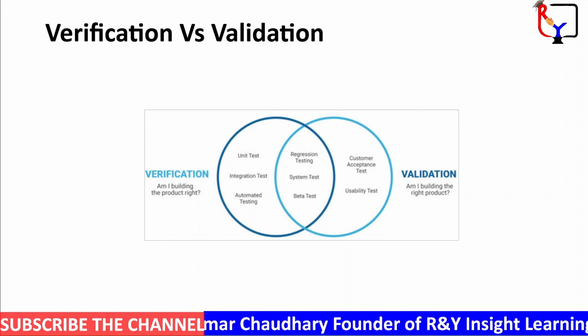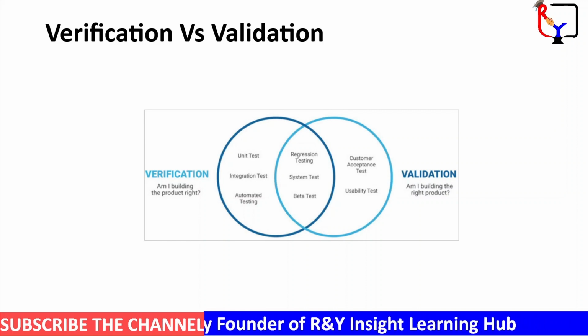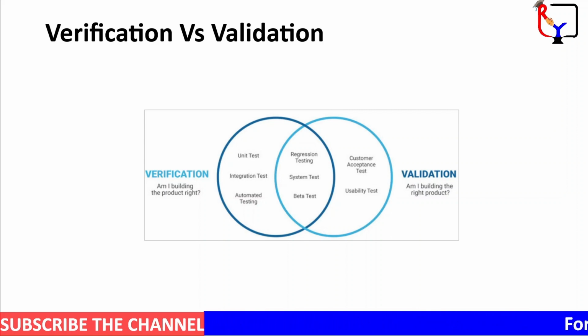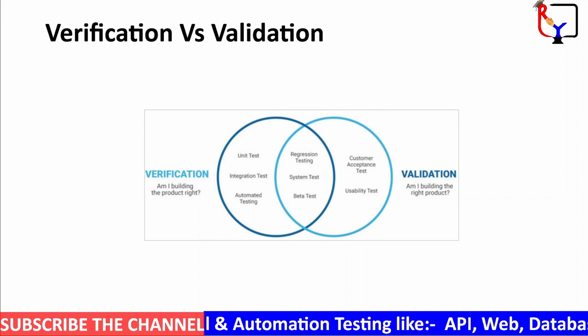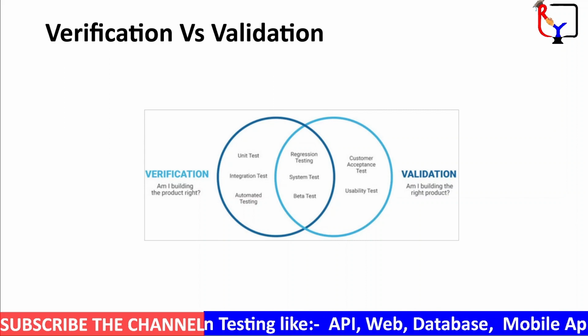It includes vital activities like checking the system requirements, business requirements, code walkthrough, and design review. These aim to ensure quality in every aspect of the software from architecture to design.